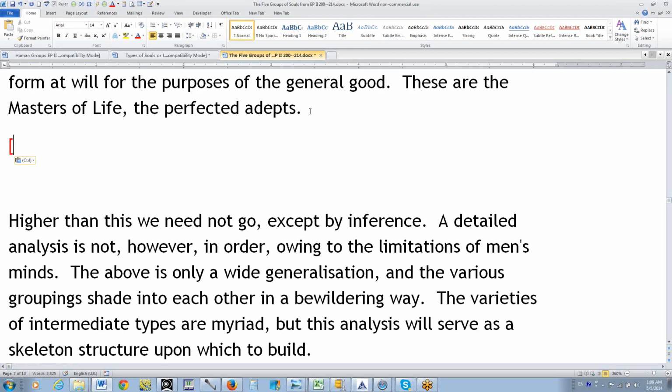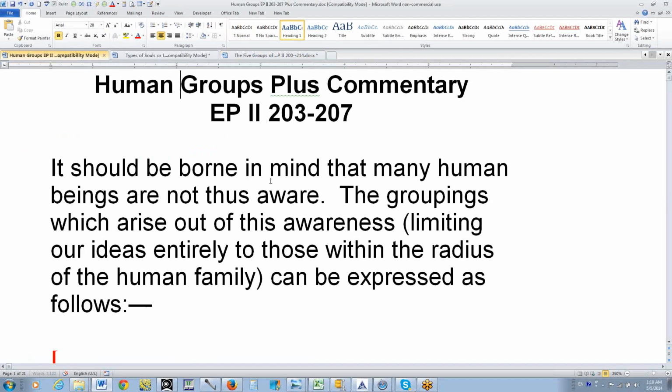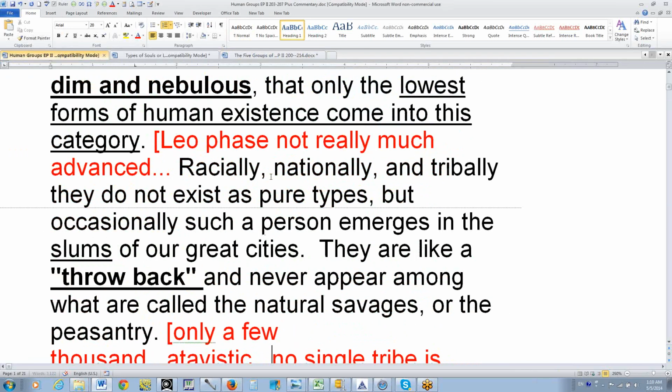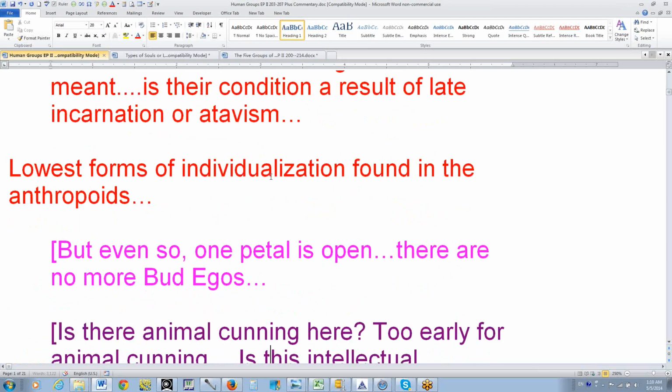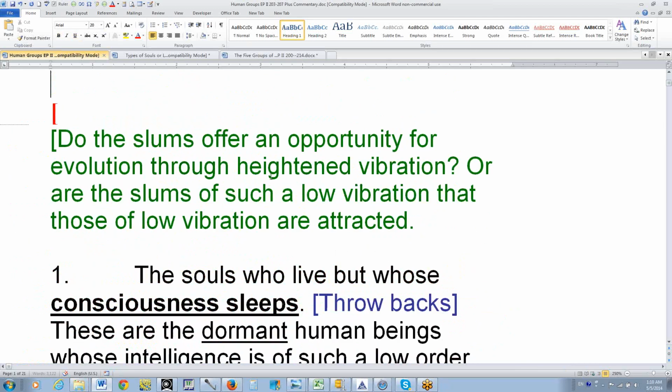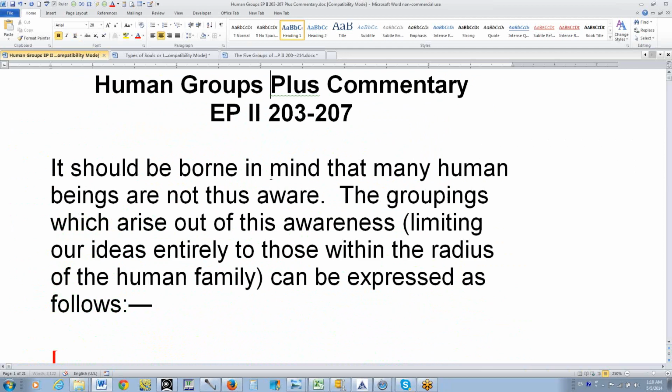But we're going to say that this is the end of Egoic Lotus webinar commentary number 2, and EP2, page 207. And then we'll go back to a document which I have annotated in various ways over time, and we will see whether more discussion, well, certainly will be more discussion, is possible.